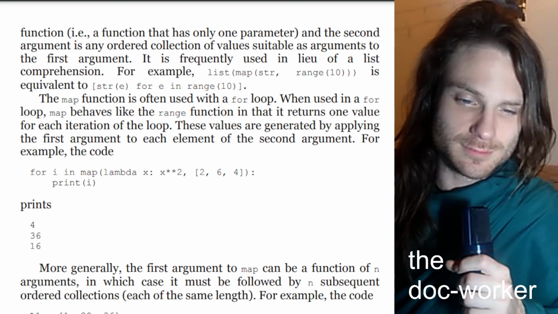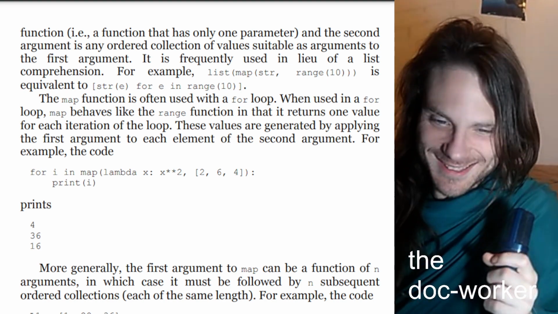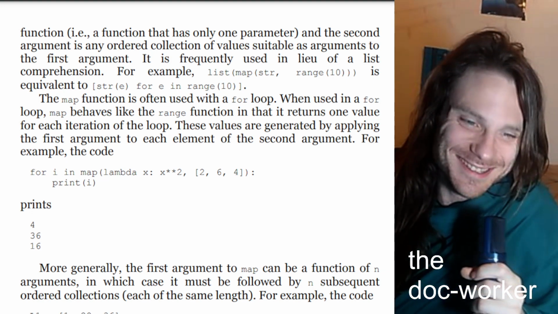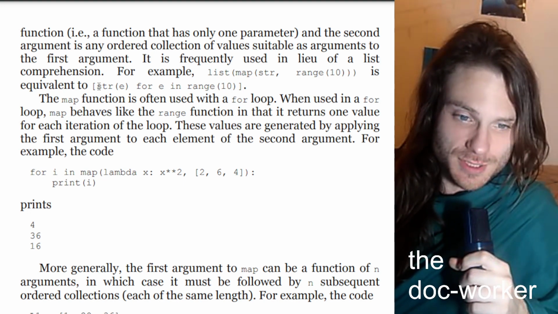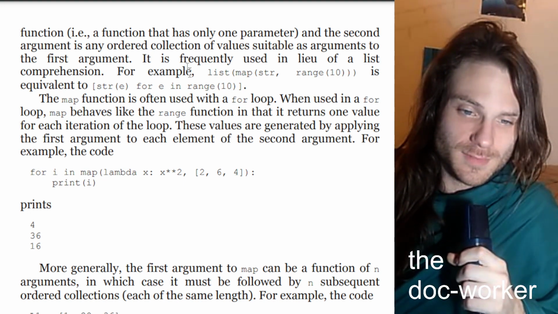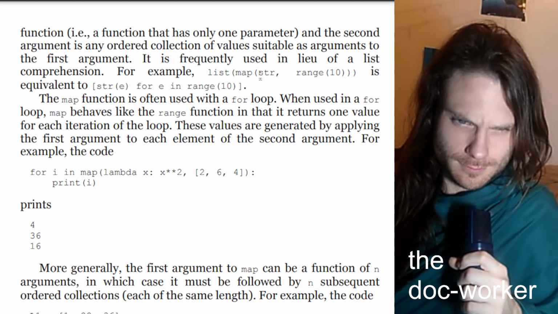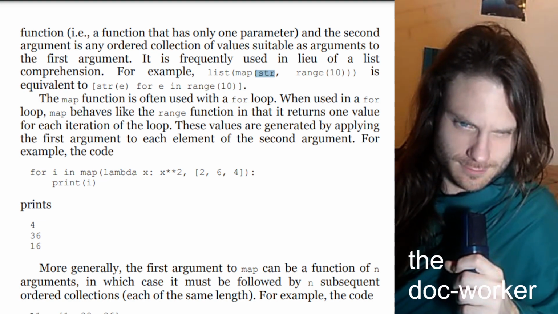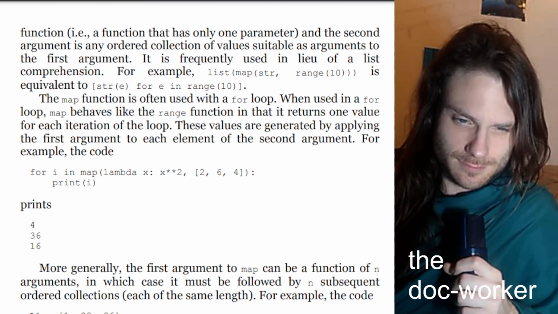For example, like here, which is equivalent to a list comprehension that does the same thing. Now here we got a function as the first argument. Here's an ordered collection of values suitable as arguments to the first argument.